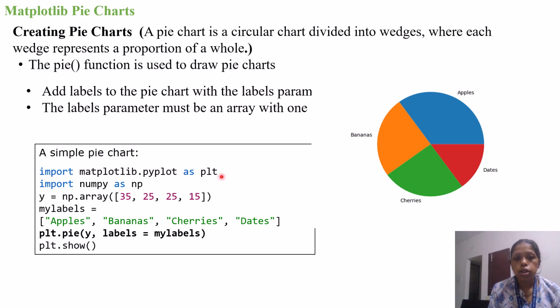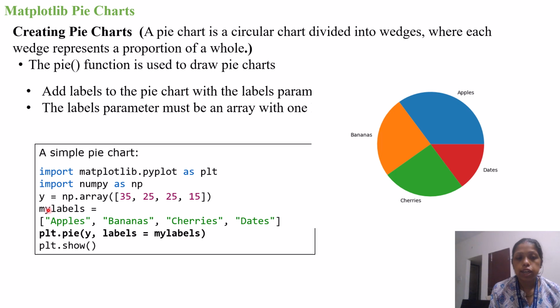So for matplotlib, you have to first import the library. Suppose different content generates different percentages, say 35%, 25%, 25%, and 15%. This is the data available. You want to plot this data in pie chart format, with some labels.